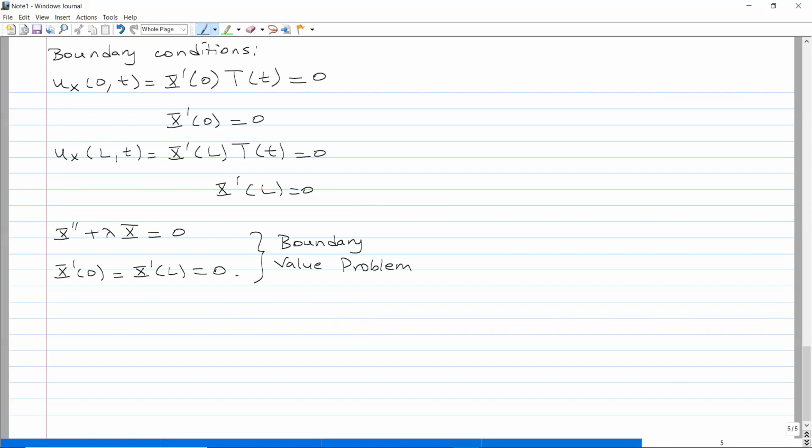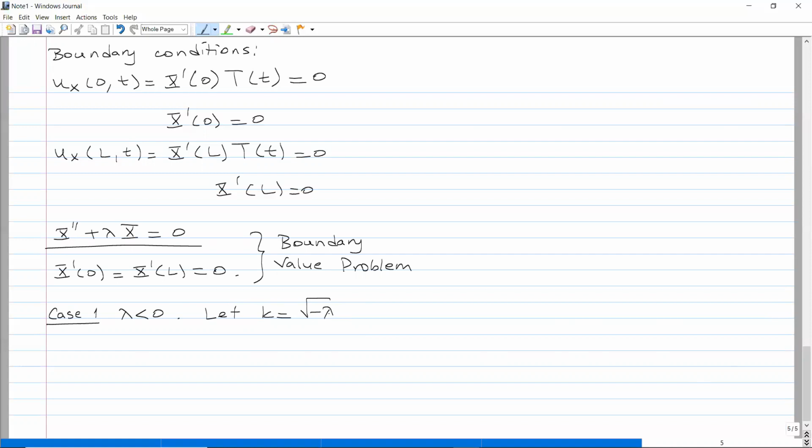So this is our boundary value problem. We are looking for non-trivial solutions. Our equation is a constant coefficient, linear, ordinary differential equation. So we write a characteristic equation, and it depends whether this number lambda is negative, positive, or 0. So case 1, lambda negative, we let k be the square root of minus lambda.